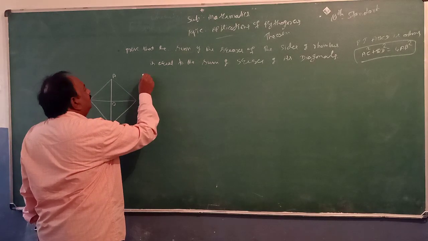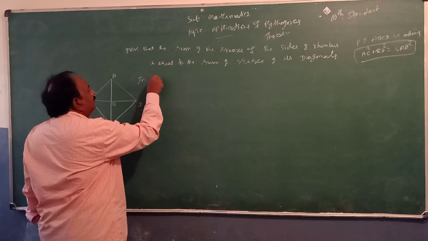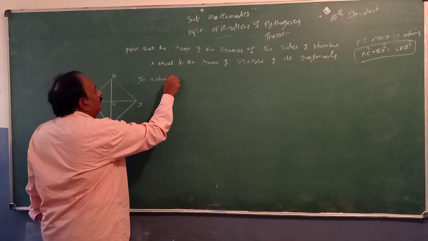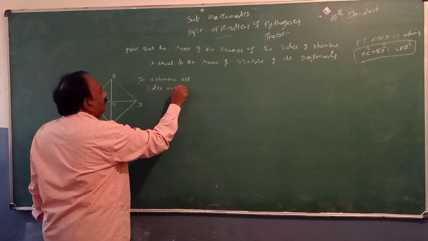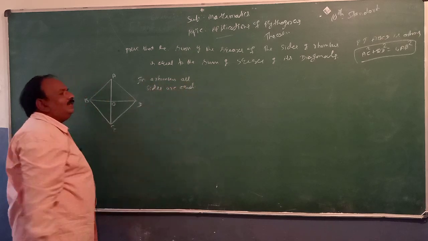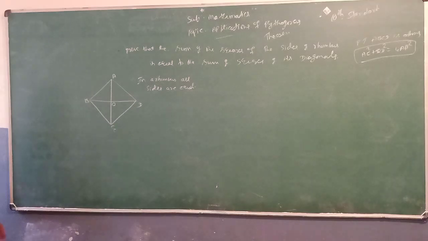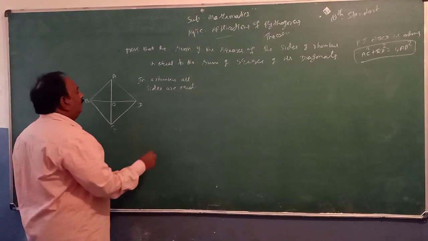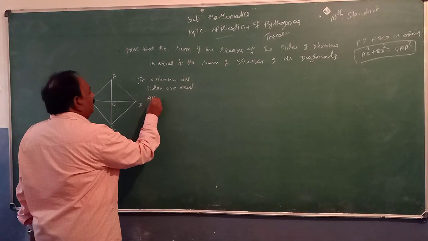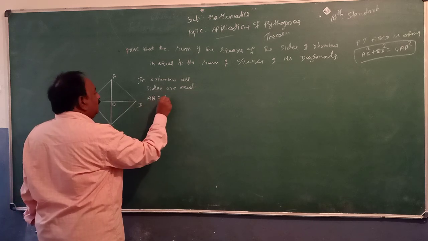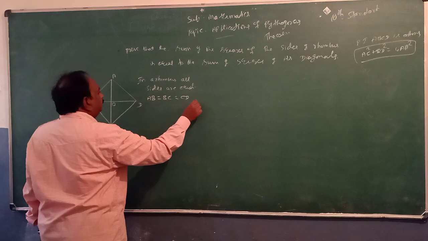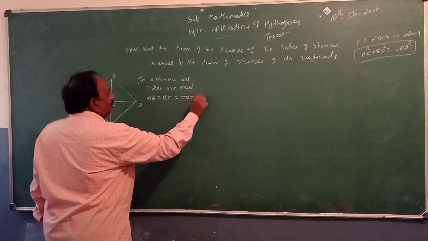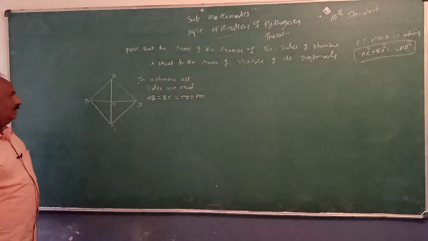So, in a rhombus all sides are equal. Major property of the rhombus: AB is equal to BC is equal to CD is equal to AD.